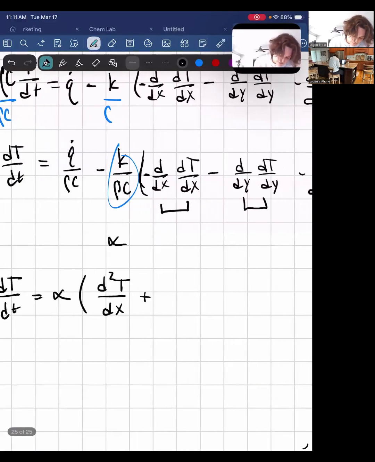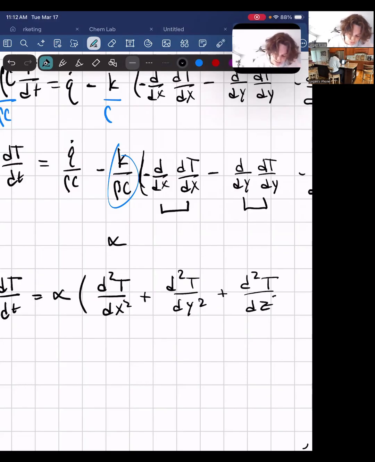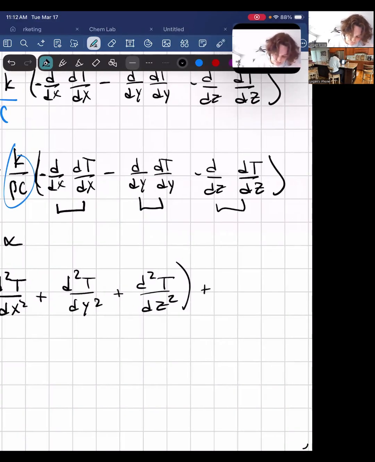We're going to factor out our negative, right? So then our second derivative of temperature with respect to x plus the second derivative of our temperature with respect to y, plus our second derivative with respect to z, plus our q over rho c.